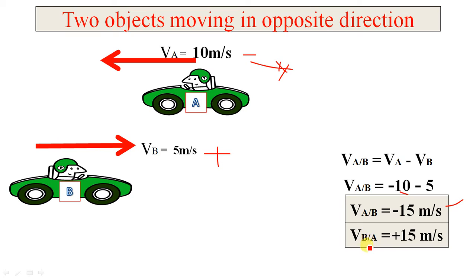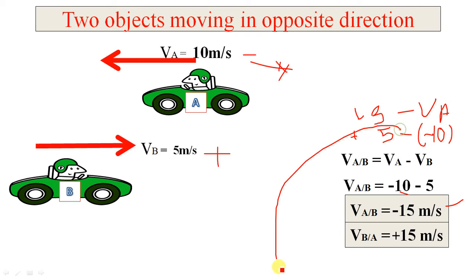The velocity of B with respect to A is VB minus VA. VB is plus 5, then minus 10, so it becomes 5 plus 10, that is 15. So the velocity of B with respect to A is plus 15 meters per second.